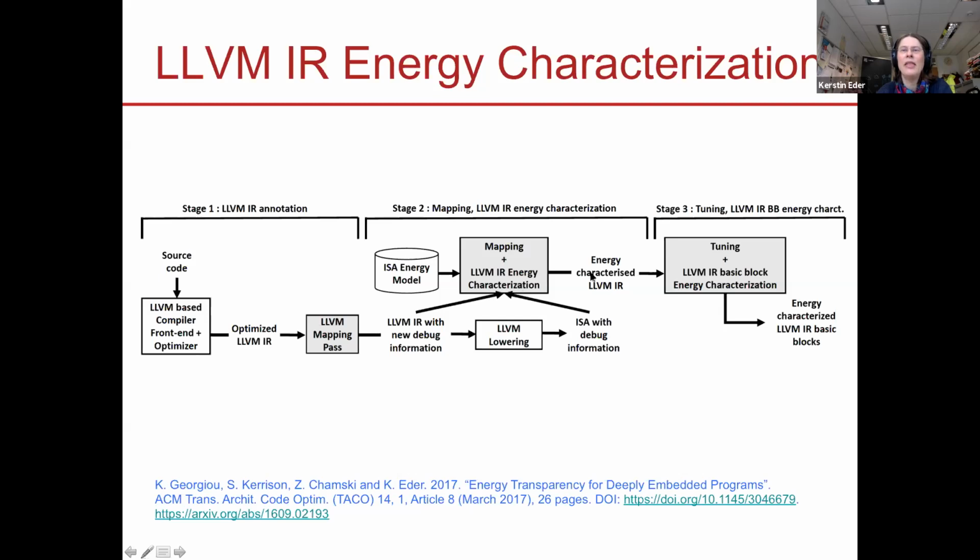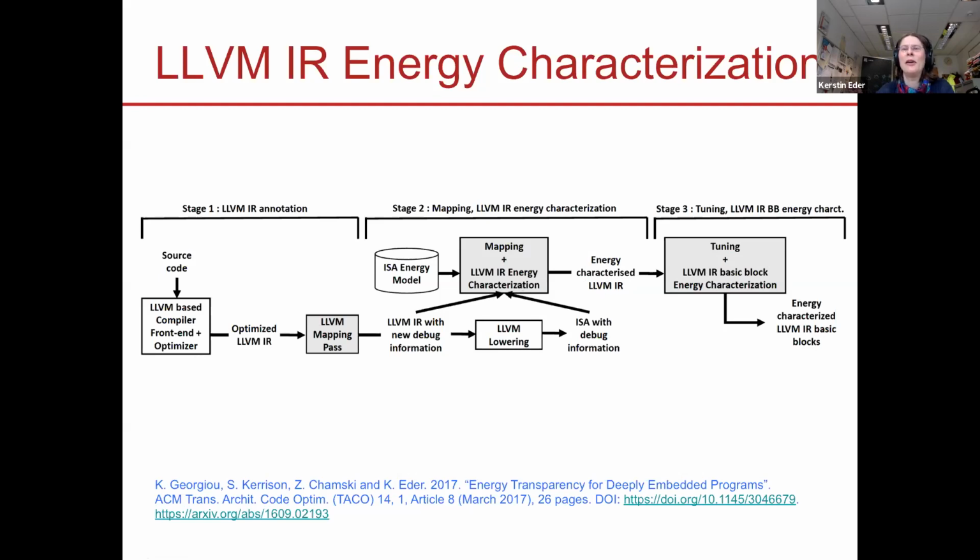Okay, and that energy characterized LLVM IR still then needs to be tuned, etc. So there's a tuning phase at the end of this process, and then we get energy characterized basic blocks. That's really good, because that means the compiler can see those, and the compiler can compare different options of code and look into what is the most energy efficient way of realizing a piece of source code.